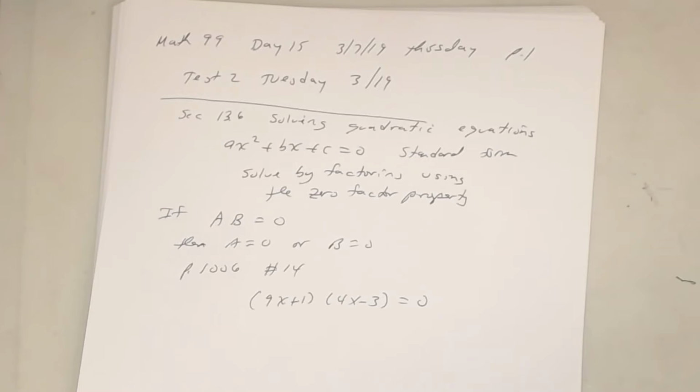You guys sometimes think of these as factors. 2. What's the first factor that you see? 9x plus 1. Okay, good. What's the second factor that you see? 4x minus 3. And what do you notice about their product? Equals 0. So according to the zero factor property, one of those factors has to be what?